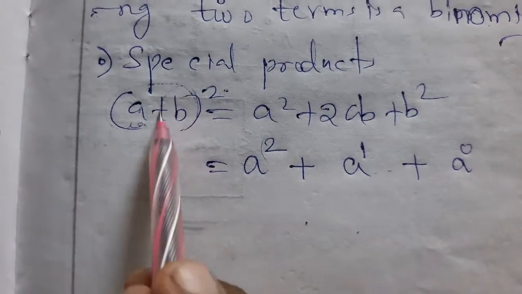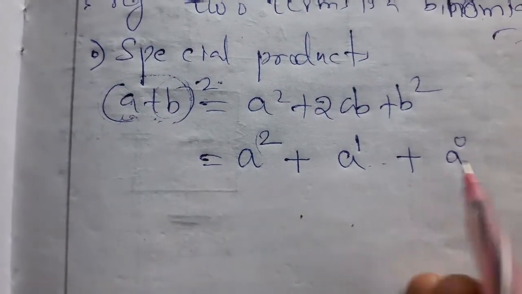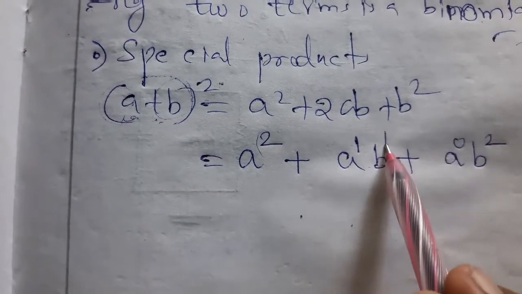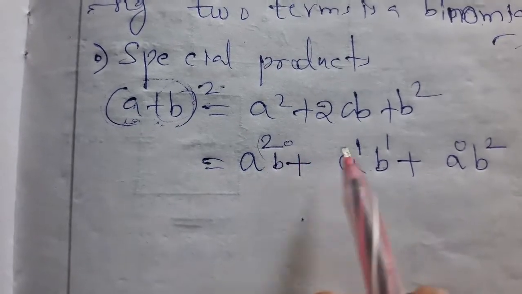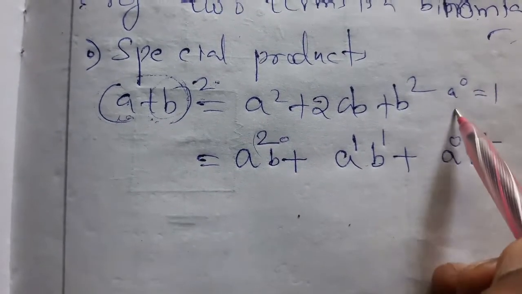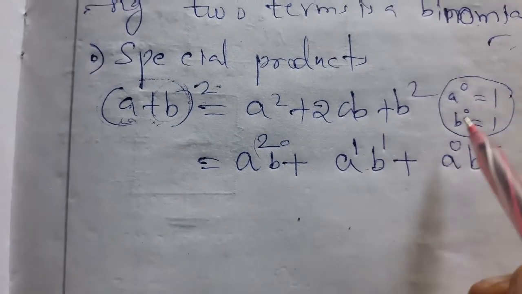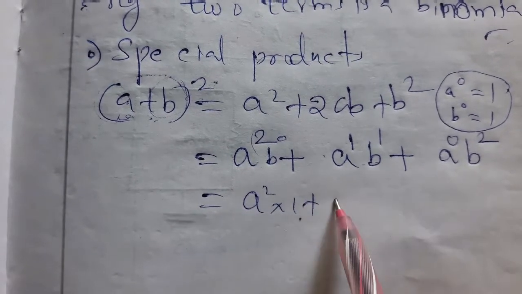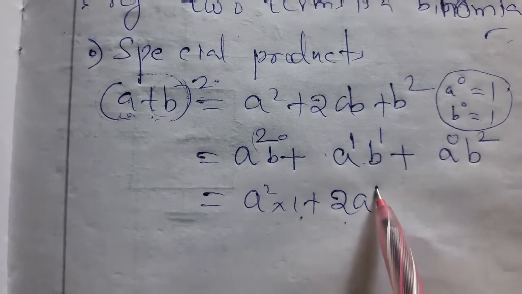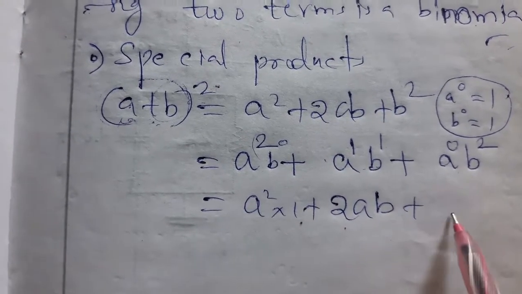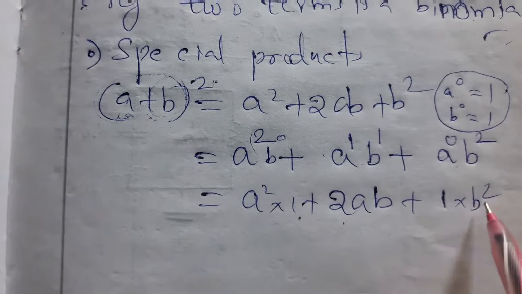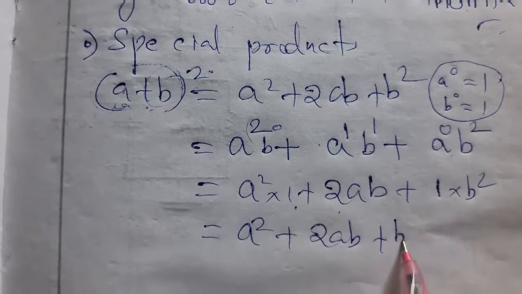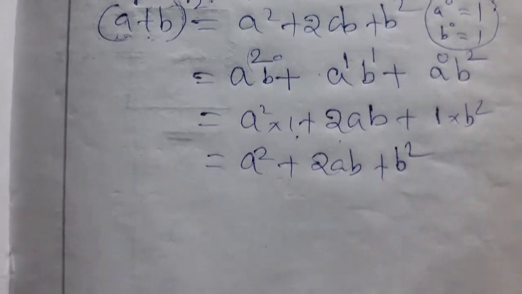Now write the term b square from right to left, starts from b square, next it becomes b power 1, after that it becomes b power 0. Remember, a power 0 value is 1 and b power 0 value is also 1. That becomes a square into 1 plus, put here 2, then 2ab plus a power 0 value is also 1 into b square. Now it becomes a square plus 2ab plus b square. Understand, all of you, like this.